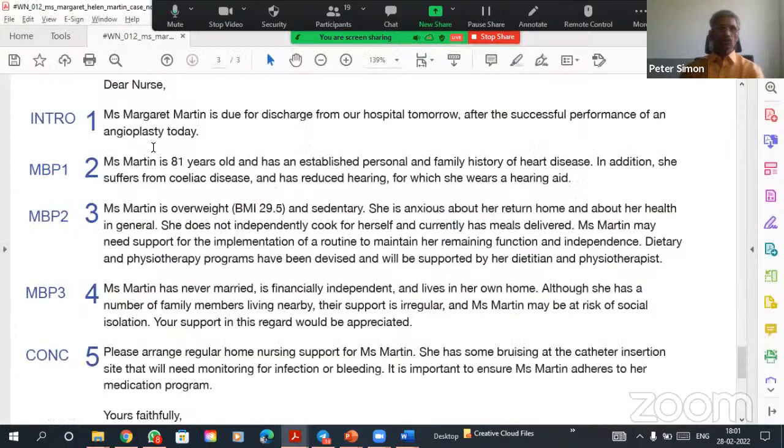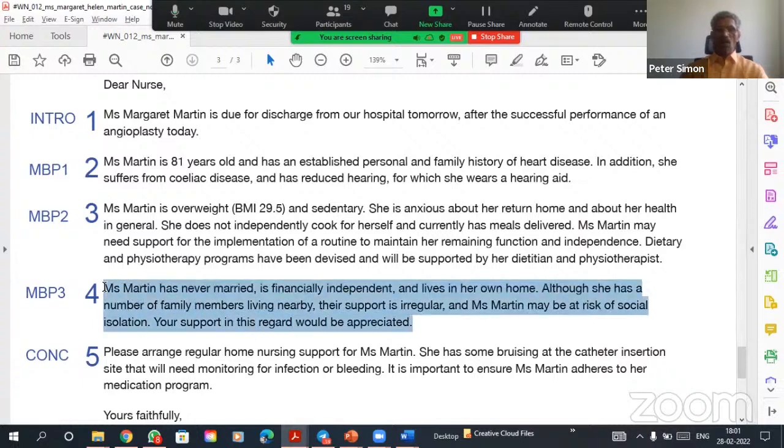So now you see how the paragraphs are divided. Paragraph 1 is the introduction. The last paragraph is about closing. Now, you can write, this is after discharge.